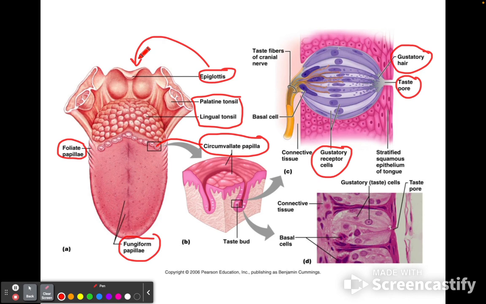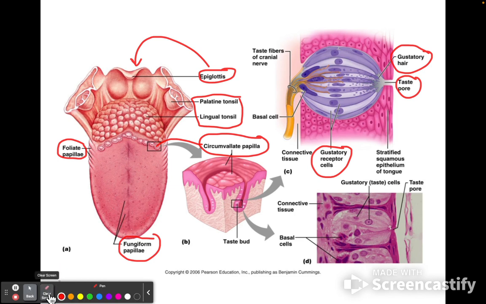To make sure that it doesn't go down into your lungs, this little flap of tissue will close the top of your trachea, so that food doesn't go down into your lungs. So those are important things to make sure that you have on this particular diagram.